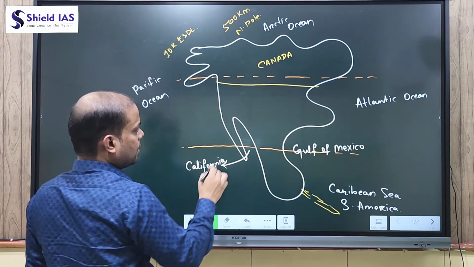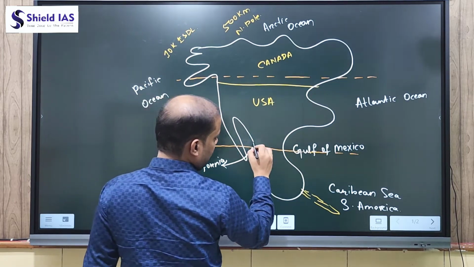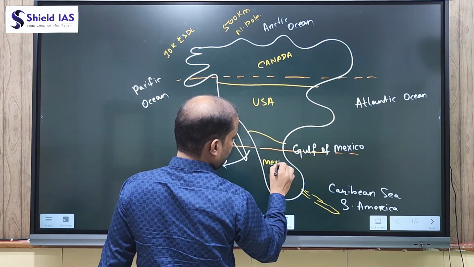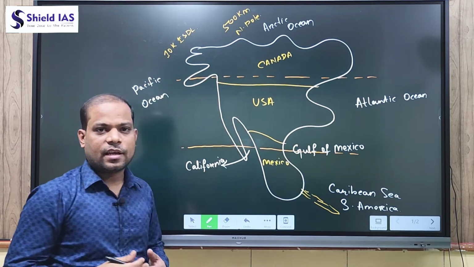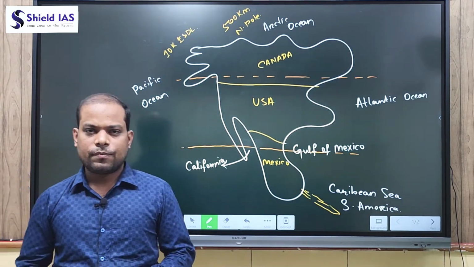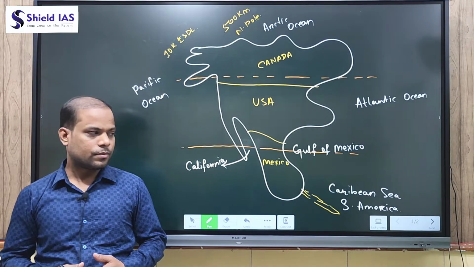The central part of North America is USA and the southern part of North America is Mexico. So these are some basic information we have seen in the previous video. In today's video, we will be understanding some important mountains which are relevant from an exam point of view.